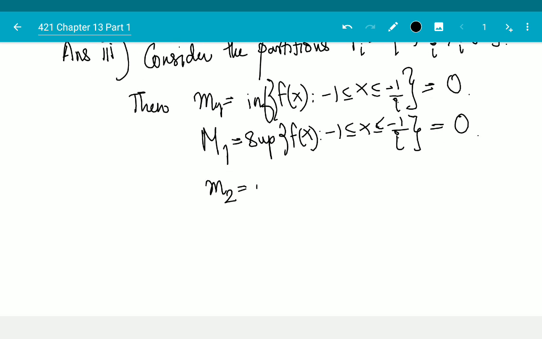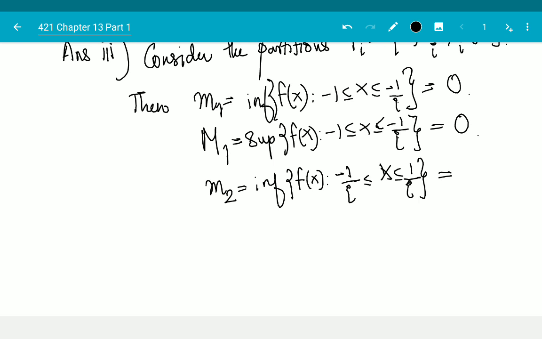Small m2 is the infimum of f of x on, now it is unfortunately, negative 1 over i to 1 over i. So I could have technically done this in a slightly better way, but whatever.